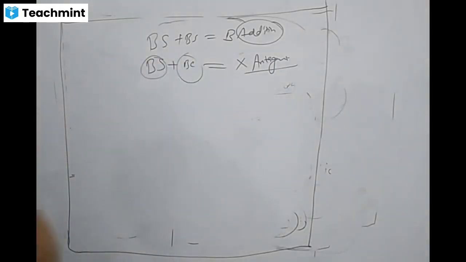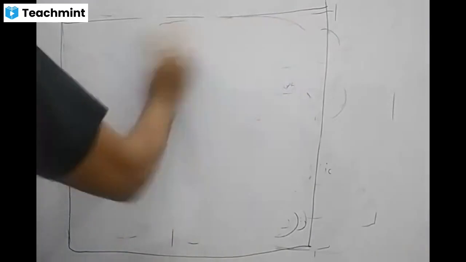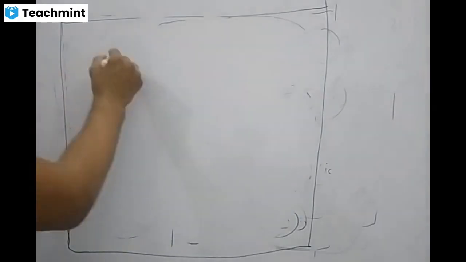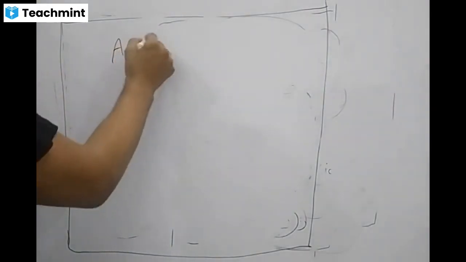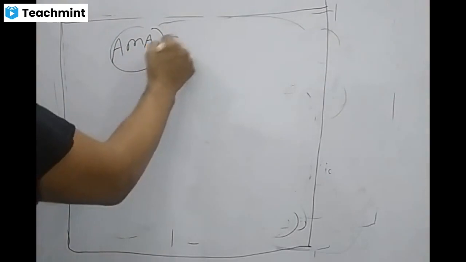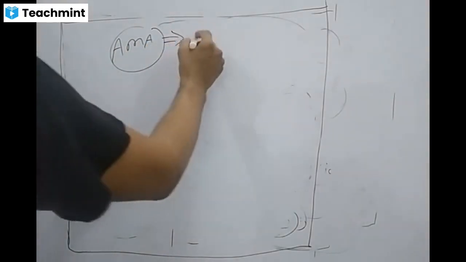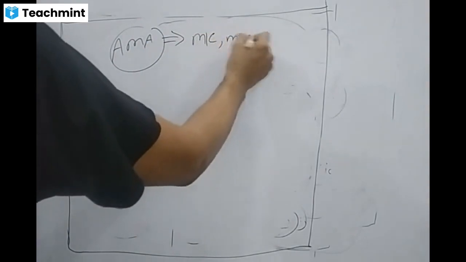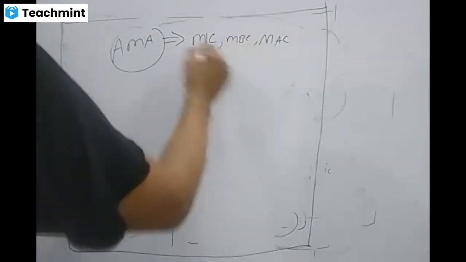So these are the combinations of bacteriostatic and cidal. Next is the antimicrobial activity, that can be measured by the terms MIC, MBC or MAC.